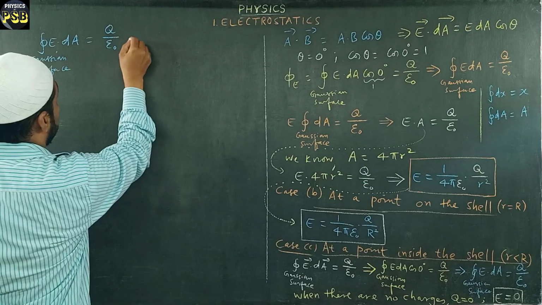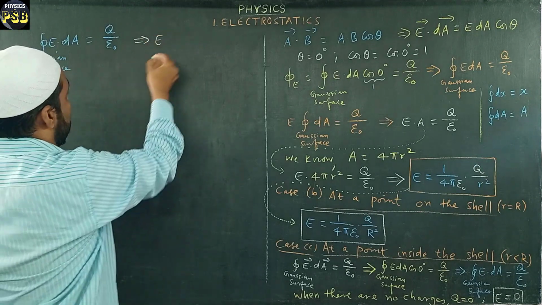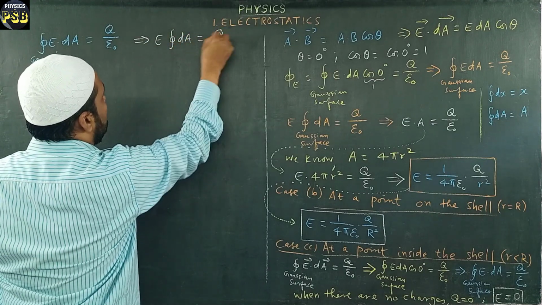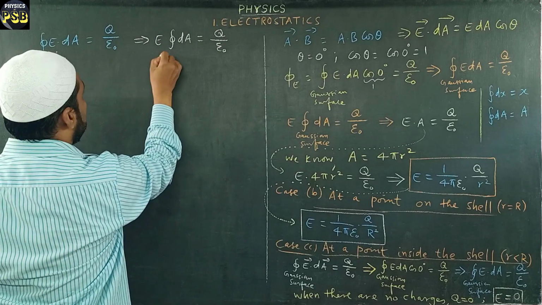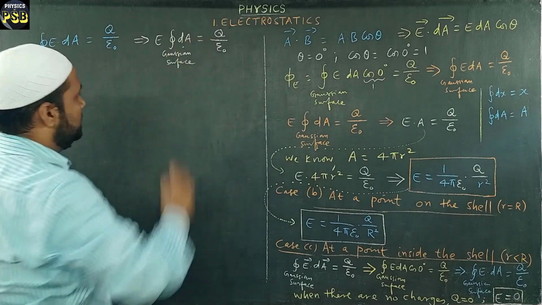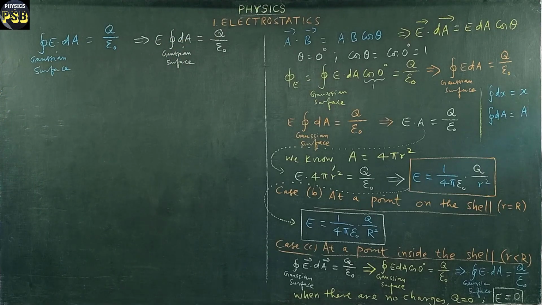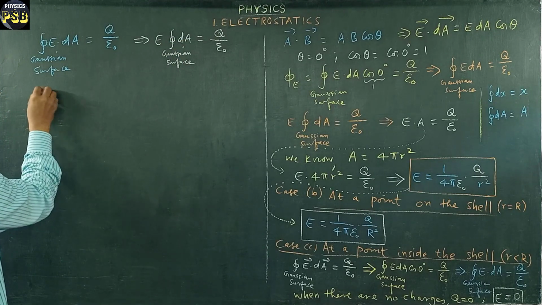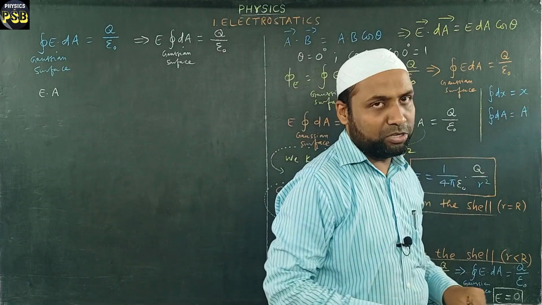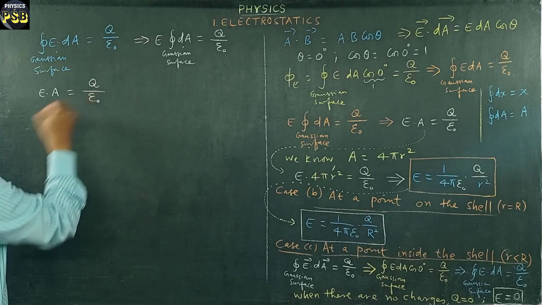If E is constant, it is taken outside the integral. Then we get closed integral of dA equals Q upon epsilon naught, over the Gaussian surface. Here, the closed integral of dA is nothing but A. By following this expression, E times A equals Q upon epsilon naught.